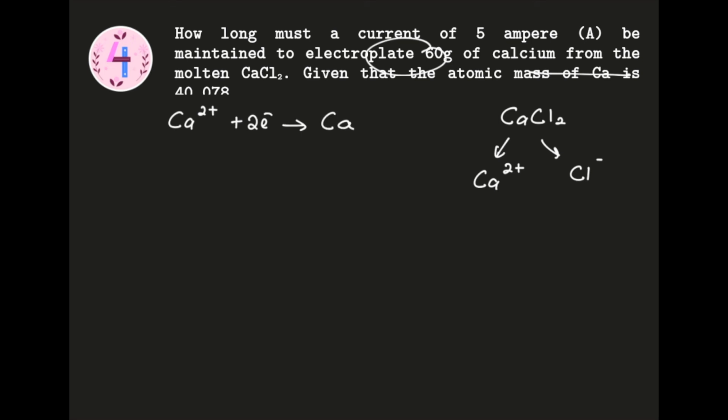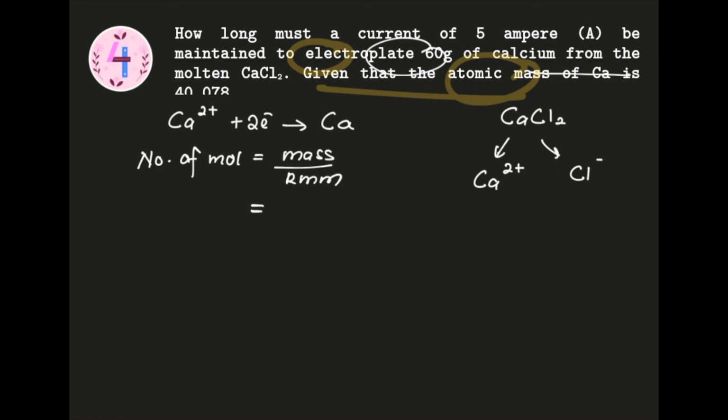Okay, the next thing we need to do is check what other information is given to you. In this question it states the electroplated calcium is 60 gram and the atomic mass is 40.078. So from there you can calculate the number of mole. Number of mole is equivalent to mass over RMM.